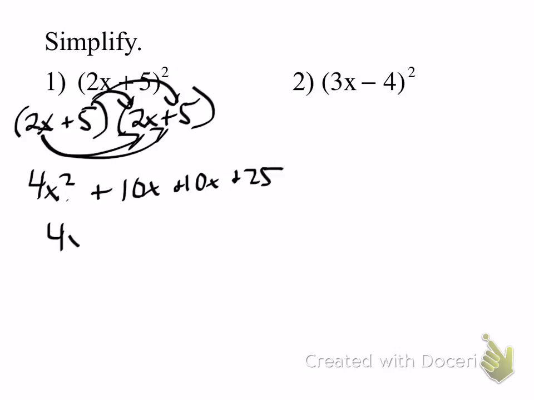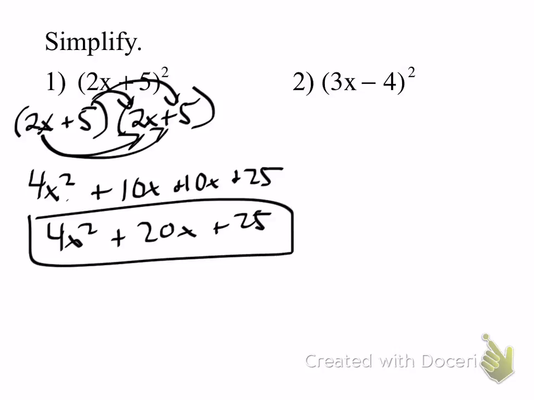Combine the like terms: 4x squared plus 20x plus 25. And it's not an equation, so don't go adding an equal sign there. We're just simplifying the expressions by multiplying. Okay, questions? Pause the recording and do number 2 on your own.